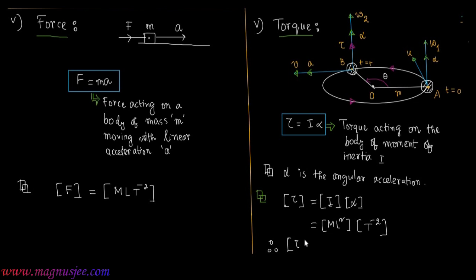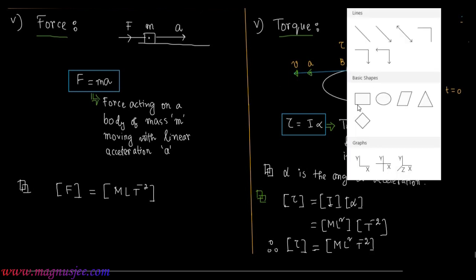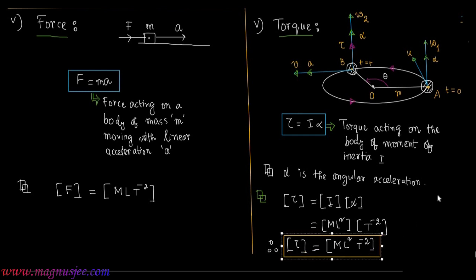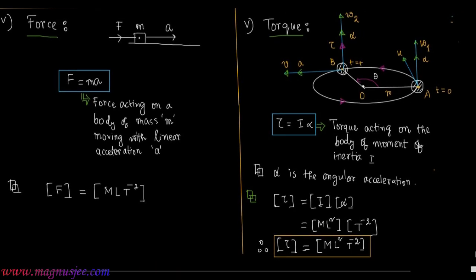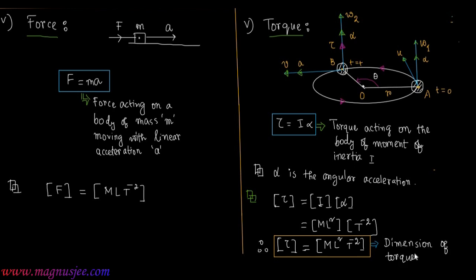Finally, we get the dimension of torque tau as ML² T⁻², which is the dimensional formula of torque.